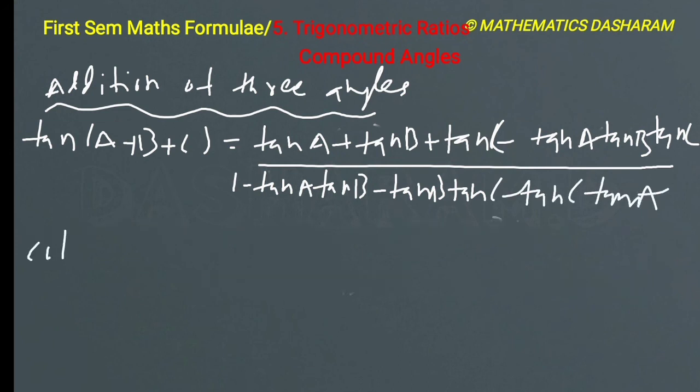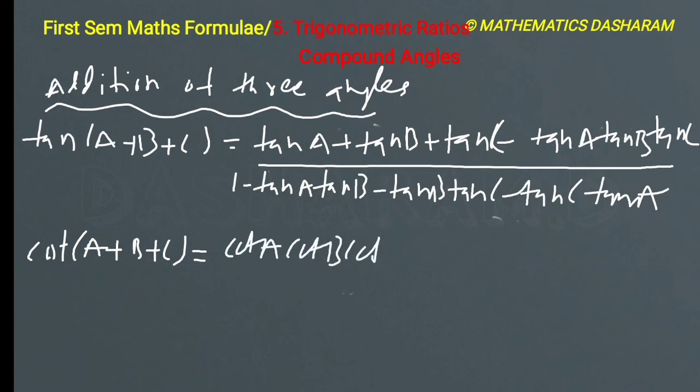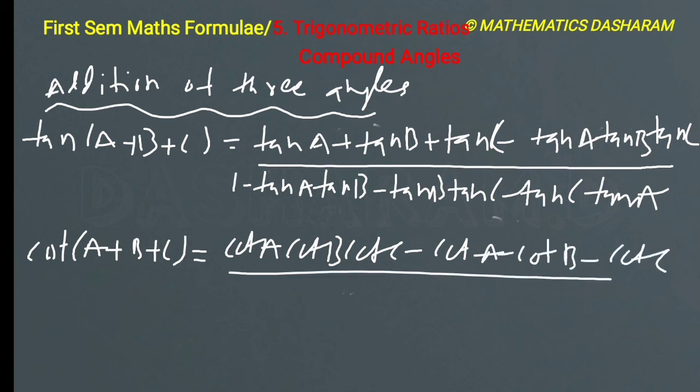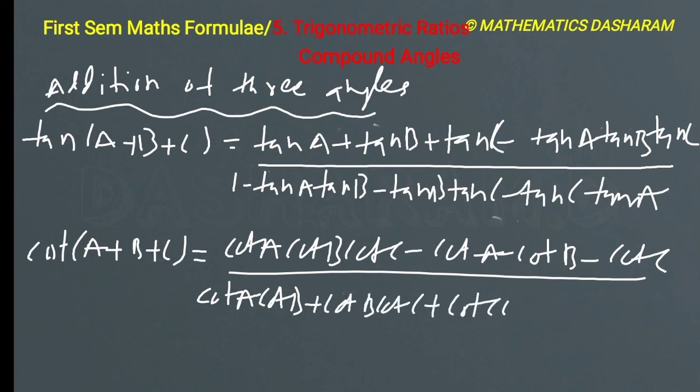Next, cot(A plus B plus C) equals (cot A into cot B into cot C minus cot A minus cot B minus cot C) divided by (cot A into cot B plus cot B into cot C plus cot C into cot A minus 1).